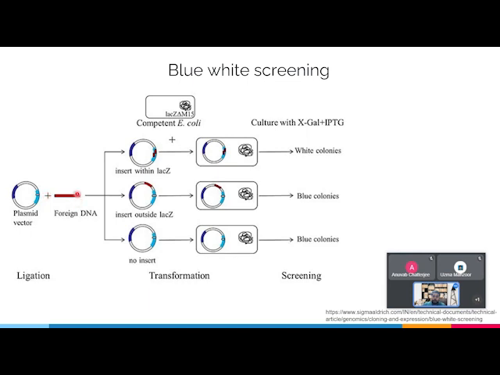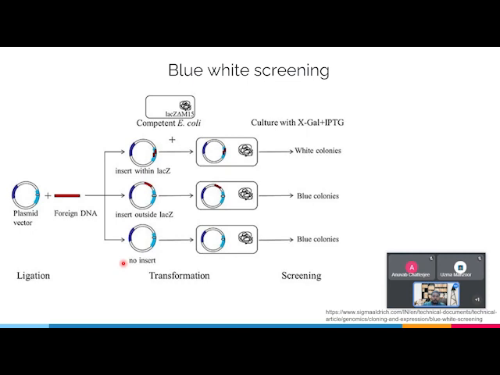So you will have a plasmid vector that does not contain a functional LacZ gene, but contains your gene of interest. In case there was no cloning done, then the plasmid will have your functional LacZ but no insert, and that is this case.